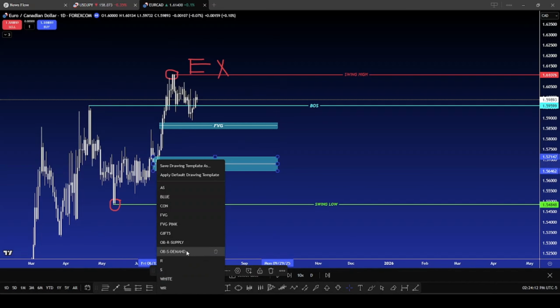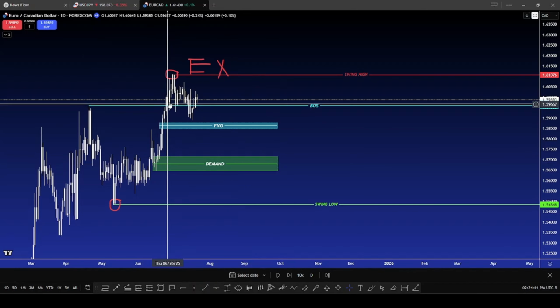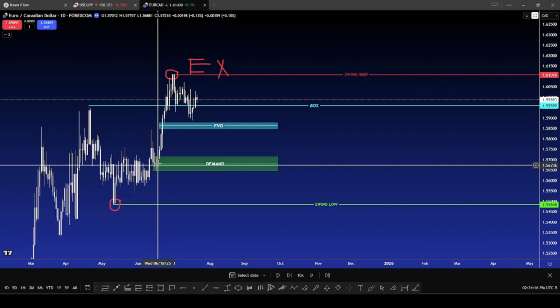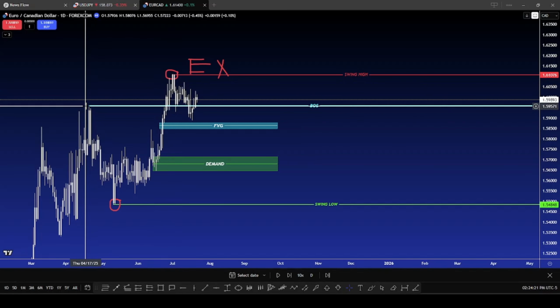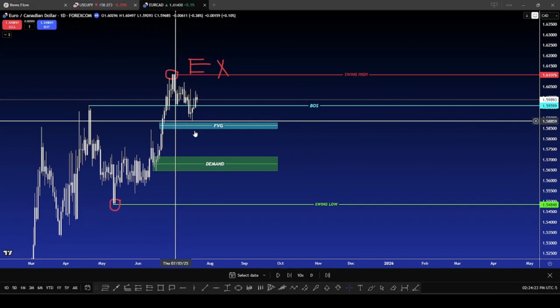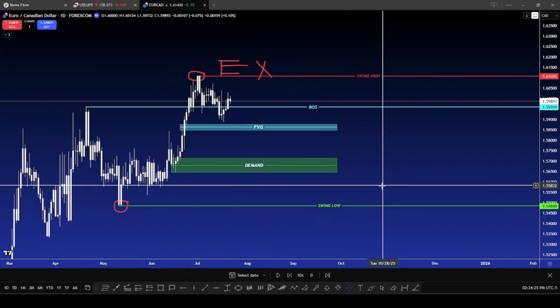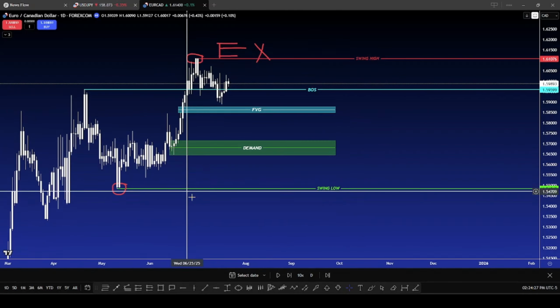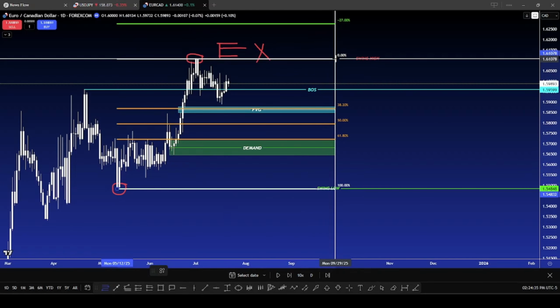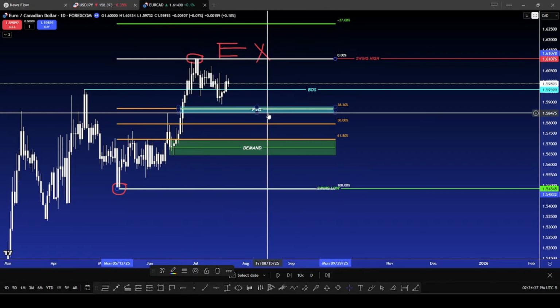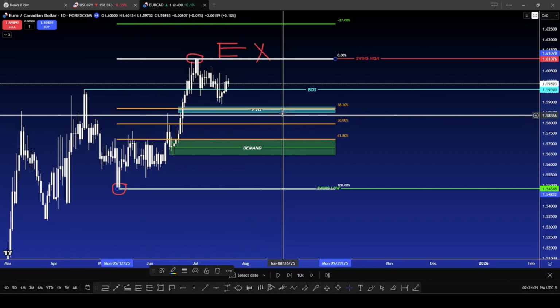All right, they show that there was a lot of bullish pressure that came from this area that was able to break a high and go higher. So showing you that we are still very, very bullish. Okay, another point of interest would be a Fibonacci area. So if you take Fibonacci from that swing low to that swing high, right, you can see here are where your Fibonacci areas sit.